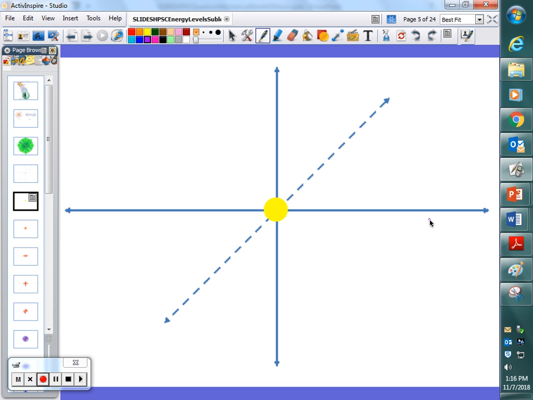Those two ideas are basically going to govern the rest of the things that we're going to draw in this picture moving forward.